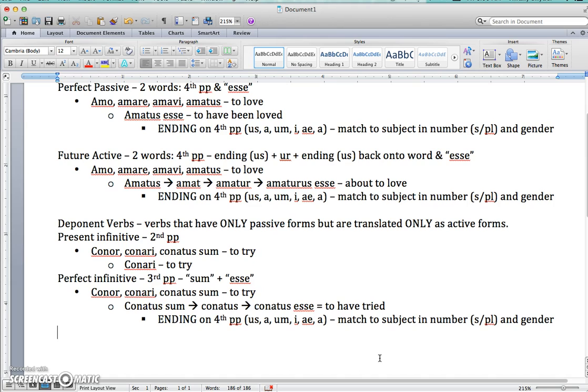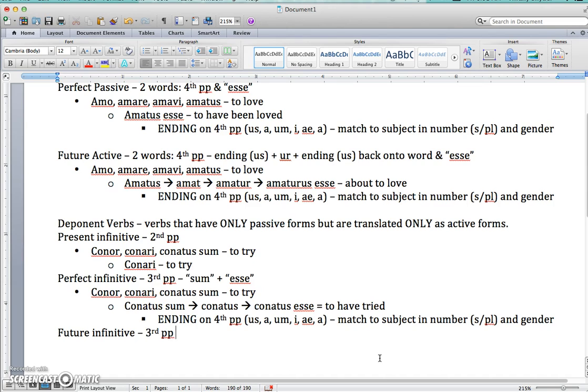Let's do the last one for deponents. This is the future infinitive. So this one looks just like the future active. The instructions are generally the same, but the instructions don't actually look exactly the same because the dictionary entries are different from a regular verb to a deponent verb. So we're going to use the third principal part, which is conatus sum, and we'll get to our example in a second. And we need to first change the first word, conatus.